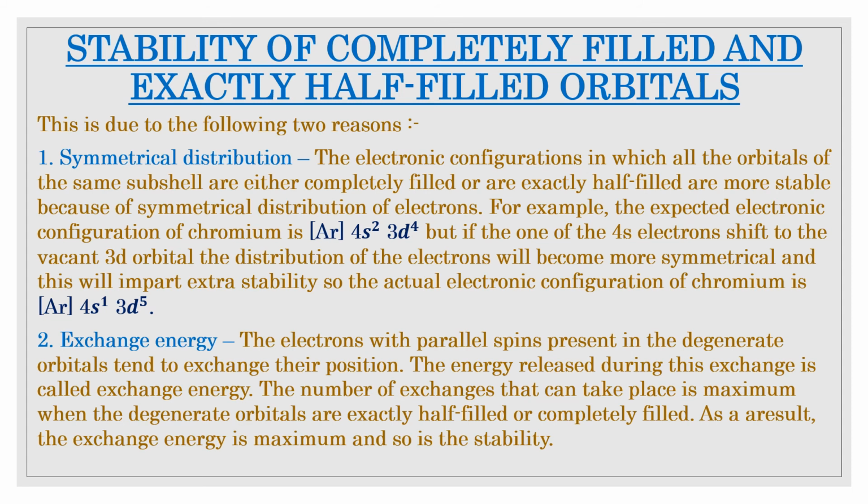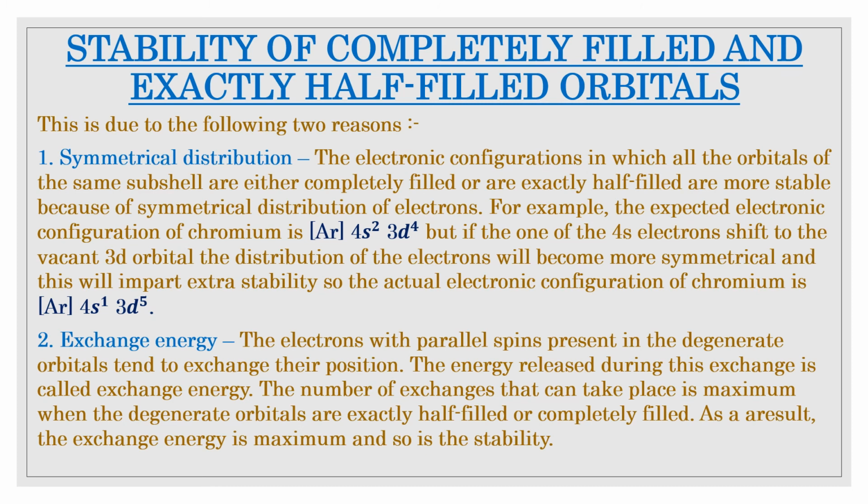This is one of the reasons. In order to achieve symmetry, the electrons shift from one orbital to another, and the symmetrical distribution leads to extra stability of the orbital. So ultimately all these electrons shift to other orbitals in order to gain stability and symmetry.